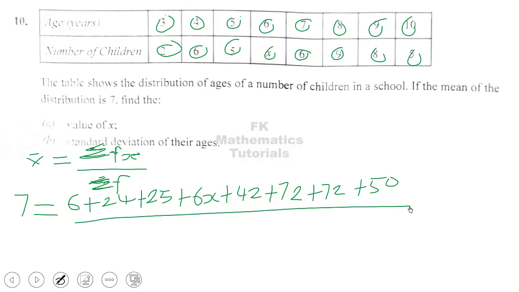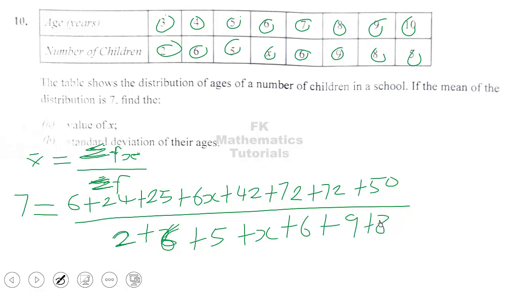All over the total frequency, 2 plus 6, plus 5 plus x plus 6 again plus 9 plus 8, then plus 5.